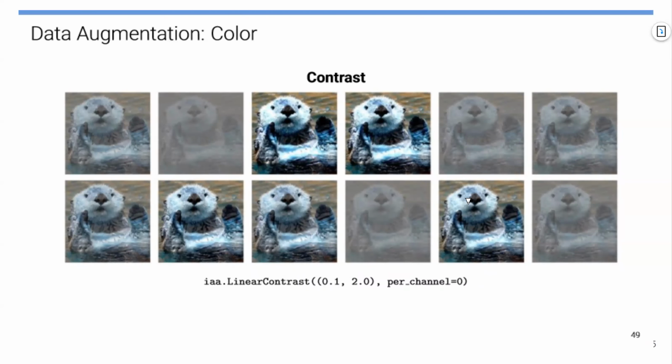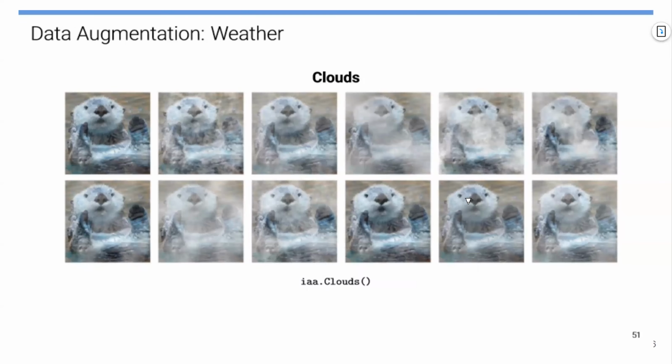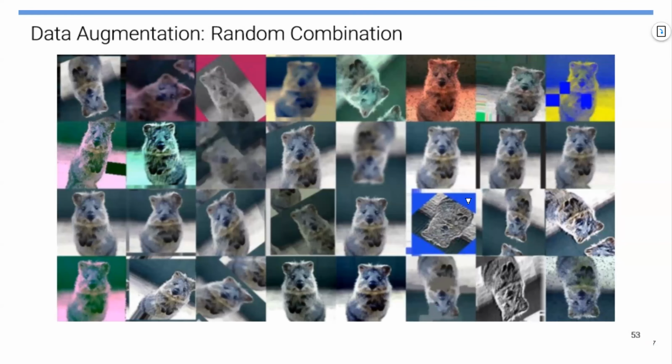By modifying the contrast, we can come up with various types of fake images. And we can add some cloud effects. And we can randomly combine all these operations. I just showed you a small part of data augmentation techniques, and there are other data augmentation techniques. And you can combine all those techniques randomly.